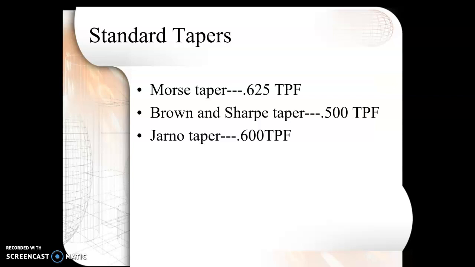Some other standard taper sizes include Brown and Sharp or Jarno. Again, you would need to refer to the appropriate manual or reference table to get exact dimensions for them.